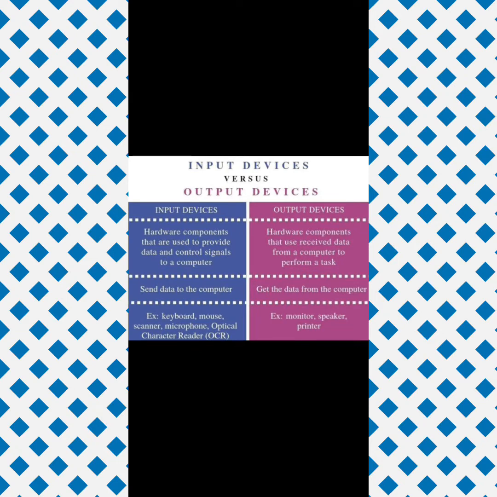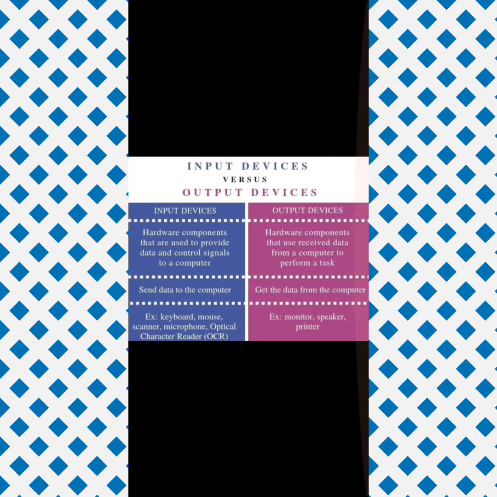First, input devices are hardware components that are used to provide data and control signals to a computer, whereas output devices are hardware components that receive data from a computer to perform a task. Secondly, input devices send data to the computer and output devices get the data from the computer.